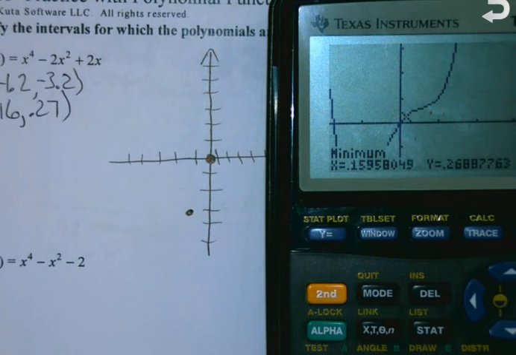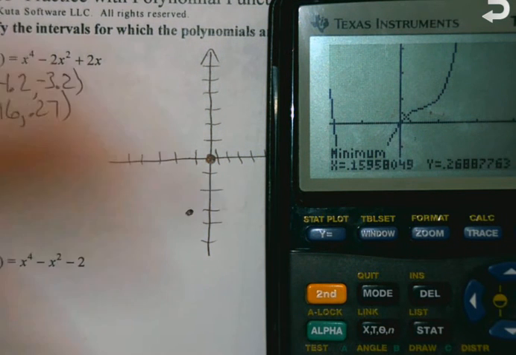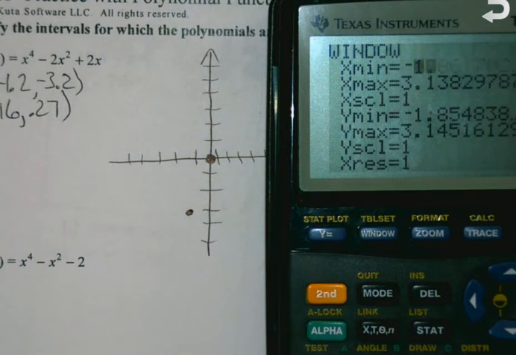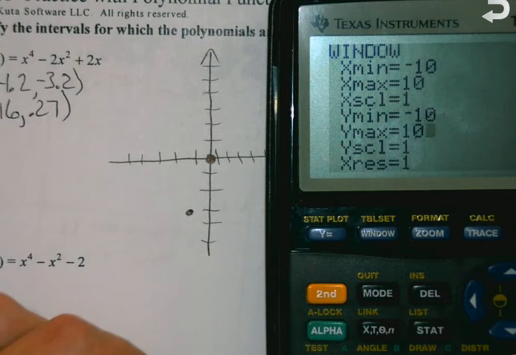Now, to get back out of this, because I don't want to be this zoomed in forever, especially not on my head. Yes. I'm going to put my calculator back to its normal -10 to 10. Here's the thing that gets a little tricky with this.